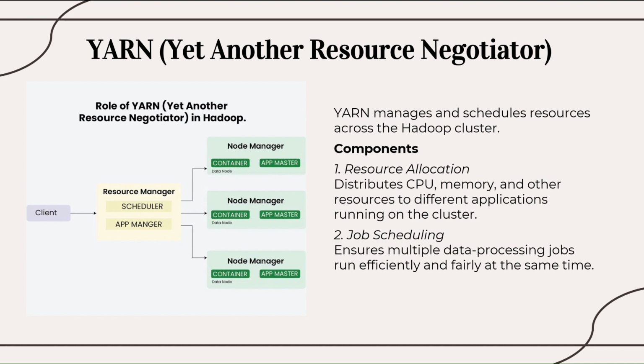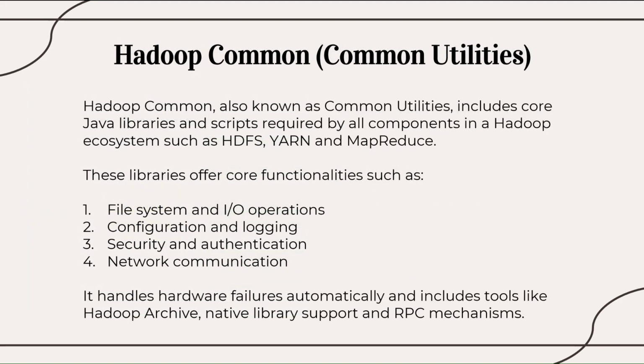So now we have seen storage, processing, and resource management. The next component is what connects them all: Hadoop Common. Hadoop Common, also known as Common Utilities, includes the shared Java libraries and tools that all other Hadoop components rely on.